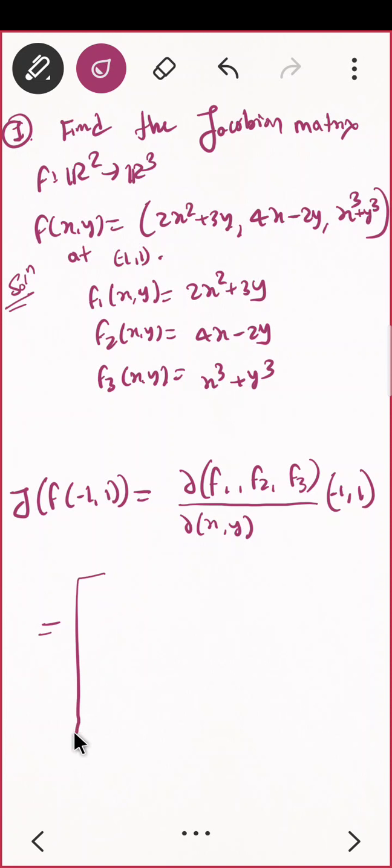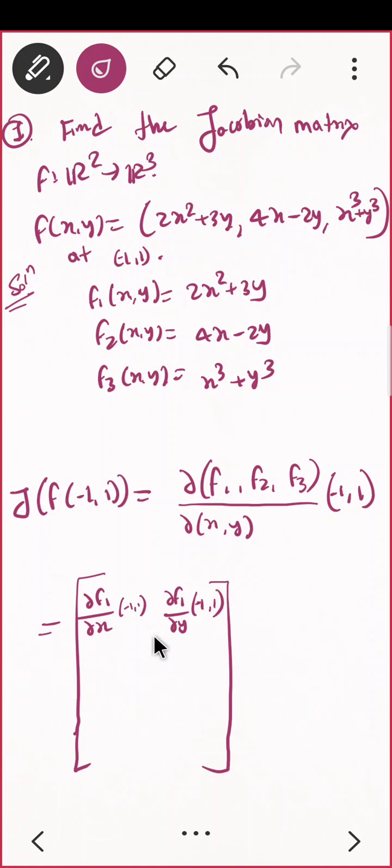What will be the order of matrix first? Tell me. Order of matrix. It will be 3 cross 2, correct? 3 cross 2. There will be 3 rows and 2 columns. Something like this. So what will come here? Dou f1 by dou x at whichever point, -1, 1, and same dou f1 by dou y, correct?